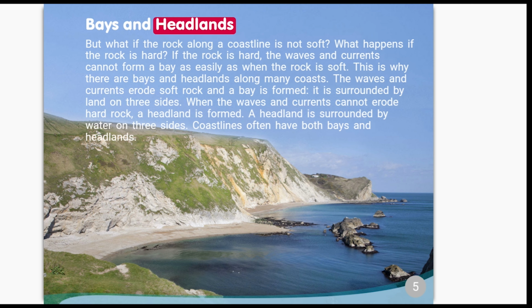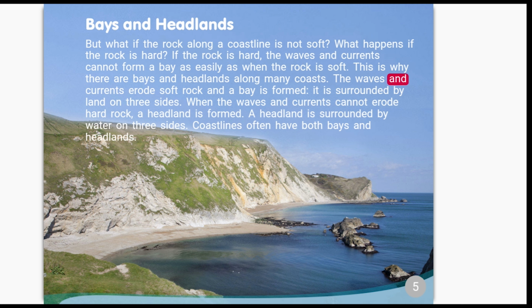Bays and headlands. But what if the rock along a coastline is not soft? What happens if the rock is hard? If the rock is hard, the waves and currents cannot form a bay as easily as when the rock is soft. This is why there are bays and headlands along many coasts.